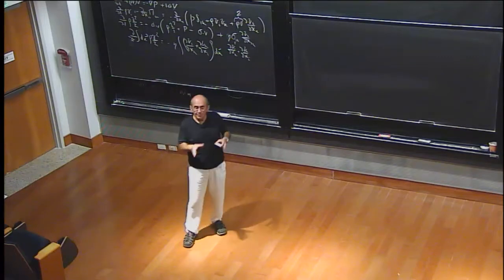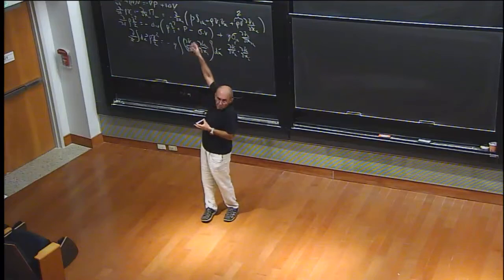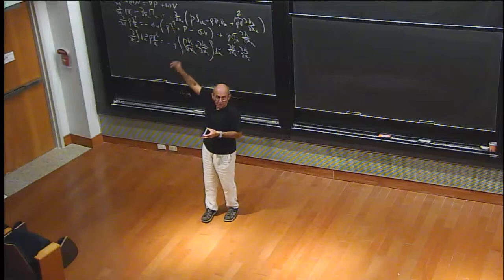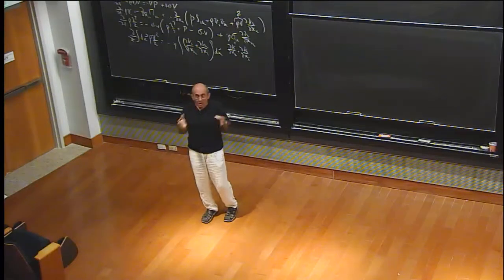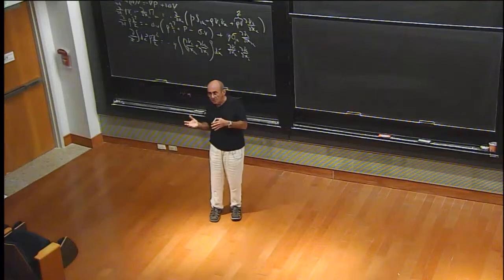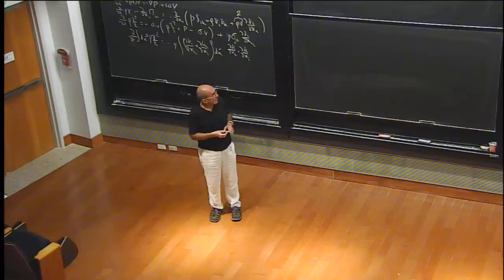Essentially, people in the 19th century went this way. They initially dropped it, even though since Navier they knew about the viscous term, and they worked with what is called ideal fluid. And now we'll do this, and then we'll go to the other limit, which will be the Stokes limit, and then we'll see what's in between.